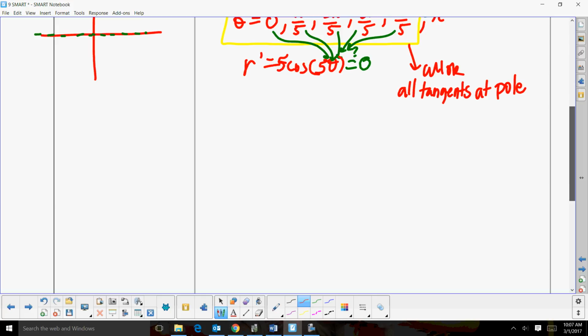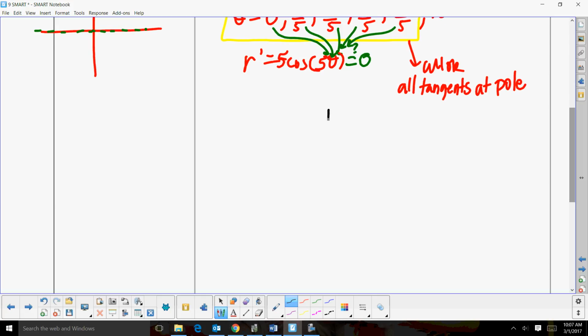Okay, so let's sketch our xy axes. When we go to graph, I have it set up in circular for you. So I want to graph as asymptotes all those tangents at the pole. All are tangents at the pole, like we checked them, and none of these guys equals 0.